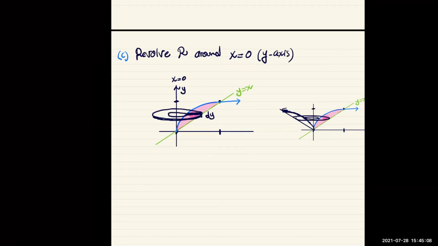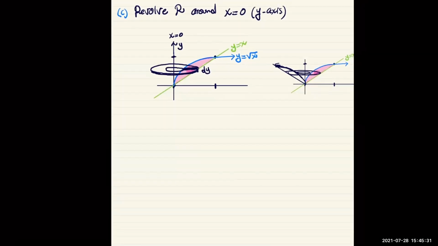The center, for God's sake, the center is at x equal to 0. So it makes sense that we have to express our equations, our functions, as a function of y. You have to solve for x. So that's a big deal. You've got to make sure you understand that.